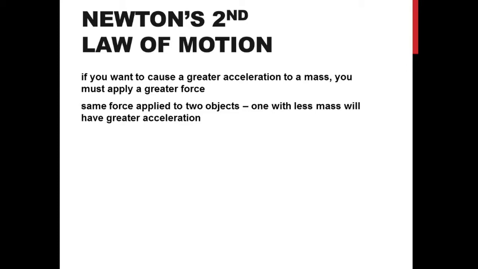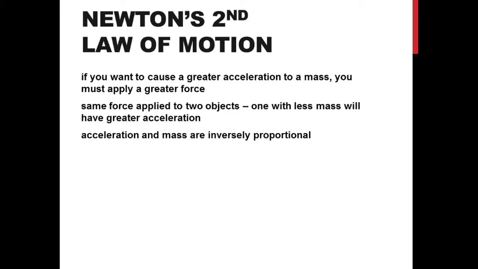So if I am a golfer and I have my golf club right here and I'm going to hit a golf ball, I will be able to hit the golf ball pretty far because the golf ball has a very small mass. But let's say, for instance, instead of me trying to hit a golf ball, I put a brick in front of my golf club and I hit the brick with my golf club. That brick will not go very far because the brick has such a greater mass than the golf ball.